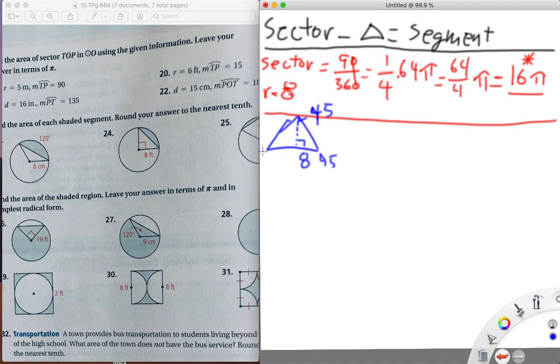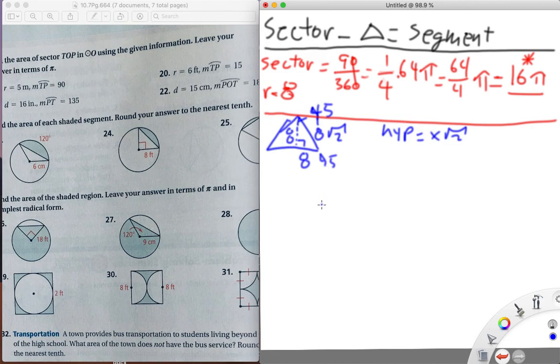Yeah, this cuts it in half. That's going to be my 8, which also makes this my 8, which makes this part the hypotenuse. This hypotenuse is going to be, remember, hypotenuse is equal to the leg times the square root of 2. So this is going to be 8 times the square root of 2.